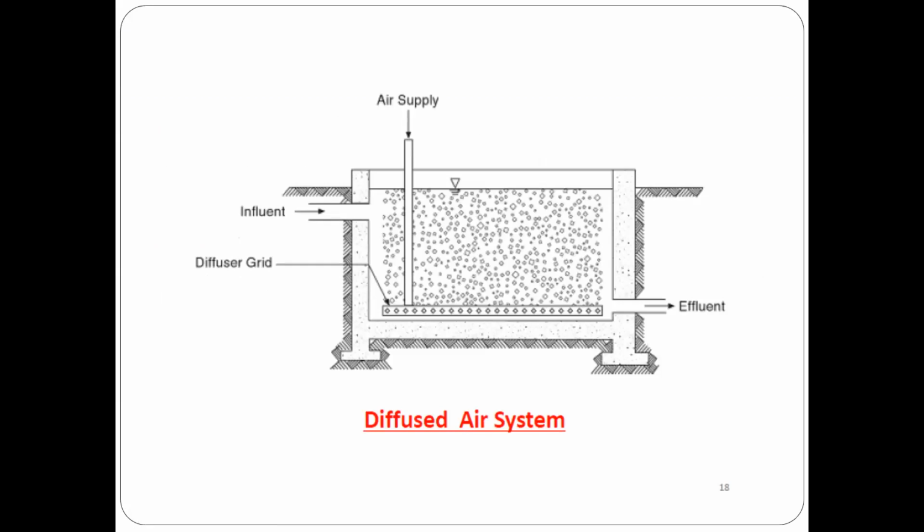Okay, so this is also one image of a diffused air system. I hope you understood the diffused air system. Some pumps are available where some revolving fan is attached to the water tank. The revolutions per minute are to be decided, and at that time atmospheric oxygen gets mixed.